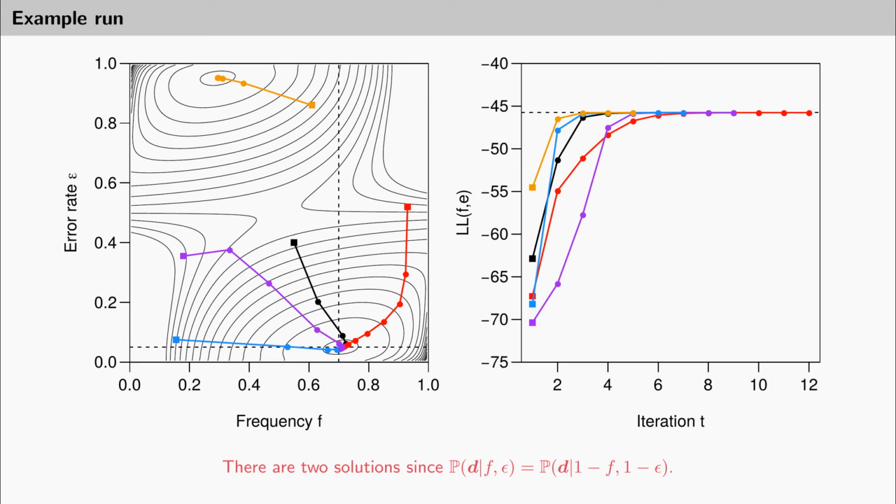To see that this model has indeed two solutions, consider a case in which the data consists mostly of derived alleles for most individuals. Such data can be observed under two different scenarios. One is, we have a high allele frequency, such that most individuals have derived genotypes, either heterozygous or derived homozygous, and then a low sequencing error rate, such that most of the reads observed for those individuals indeed show the derived allele.